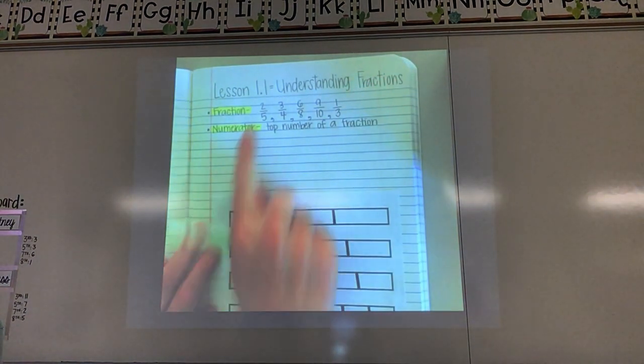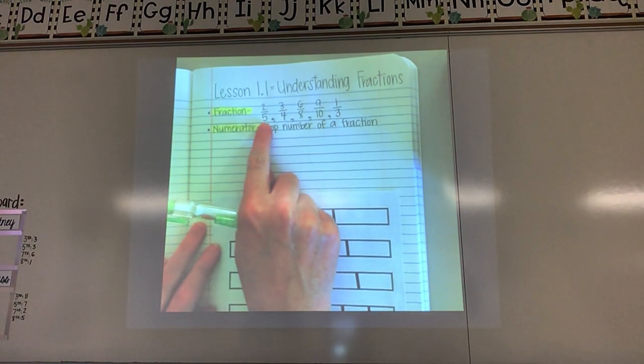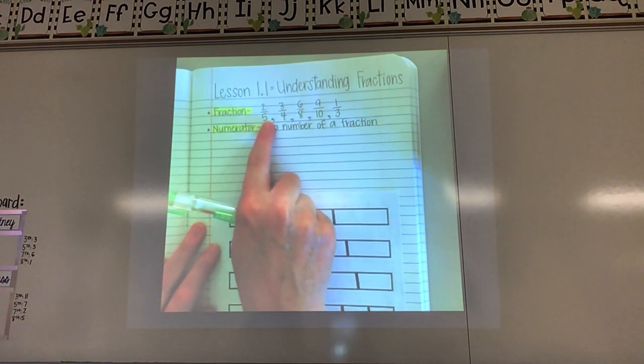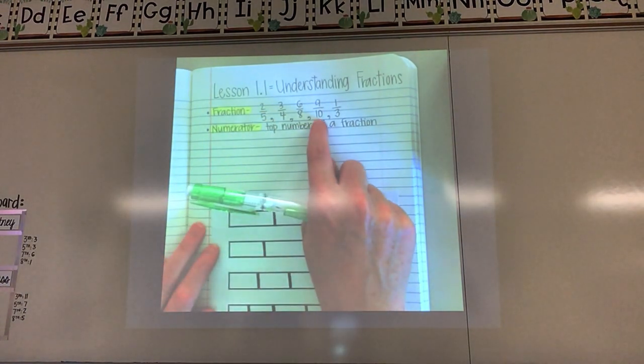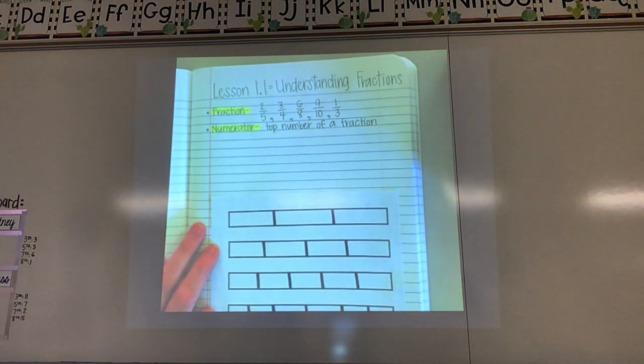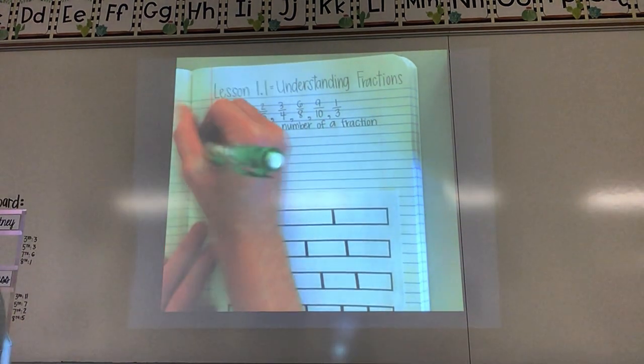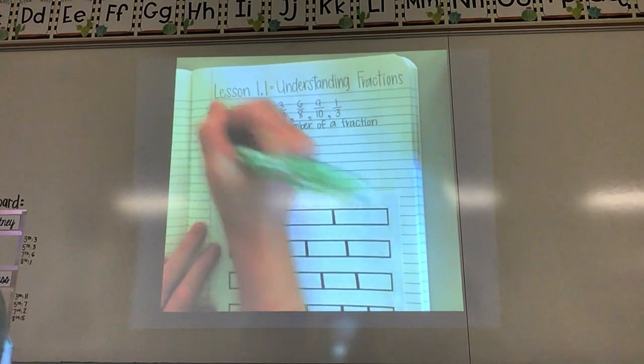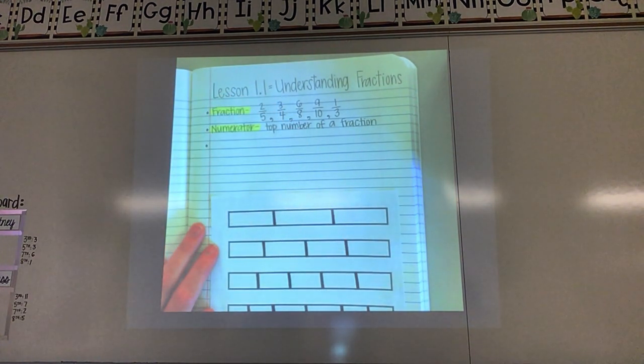So if I'm pointing to this fraction right here, the numerator would be 2 because it is the top number of that fraction. If I'm pointing to this fraction back here, the numerator would be 9 because it is the top number.